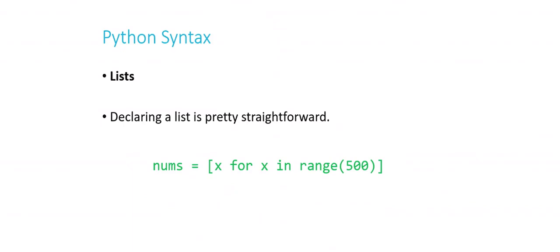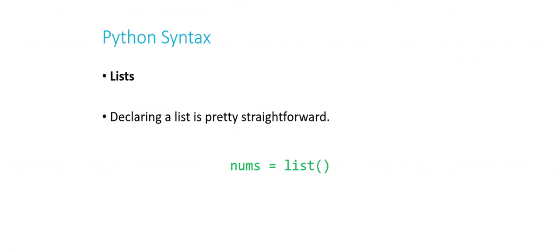So what this would do is create a list of 500 elements, all of the numbers from 0 all the way up to 499, because again, range excludes that final parameter. So we're not including 500. Our range has 500 things in it, but it's going from 0 to 499, not 0 to 500, which would be 501 things in the list.